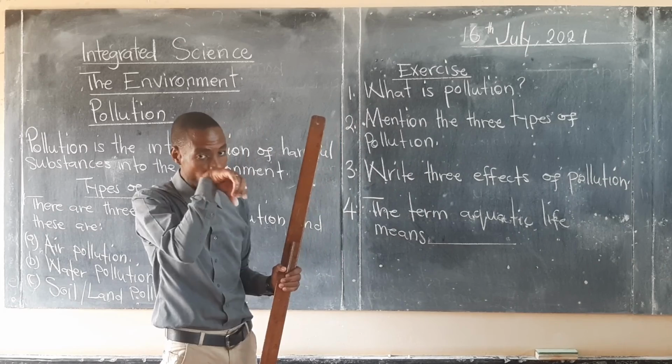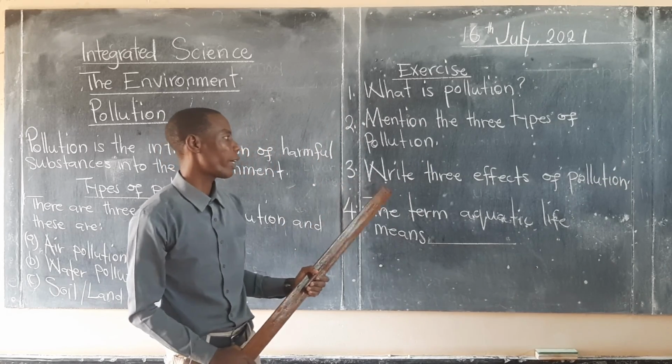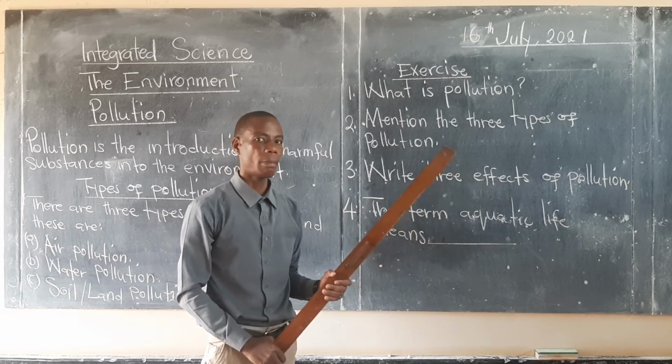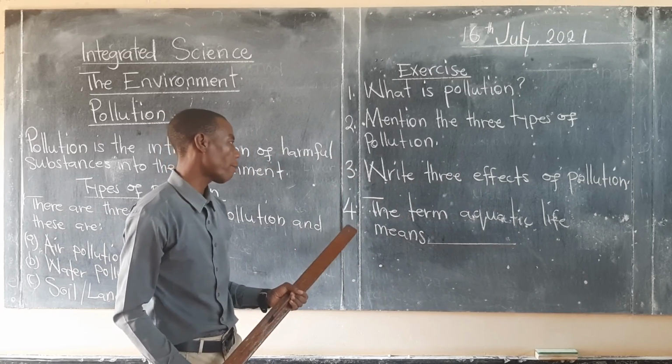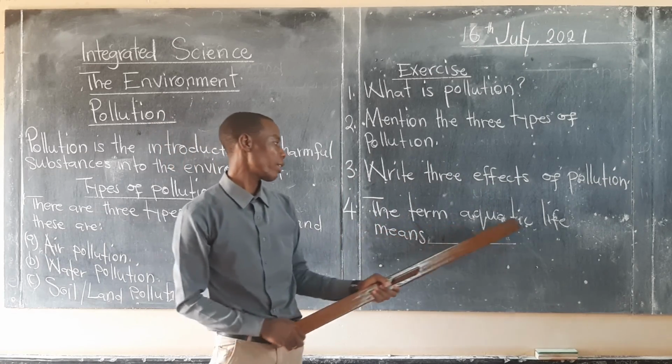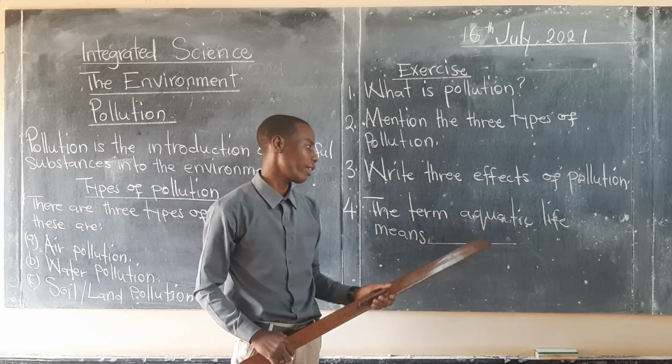Remember we said there are three types of pollution. Number three, write three effects of pollution. Number four, the term aquatic life means dash.